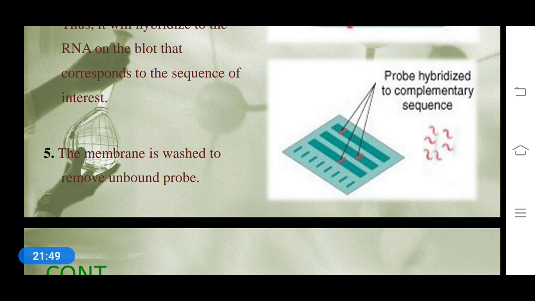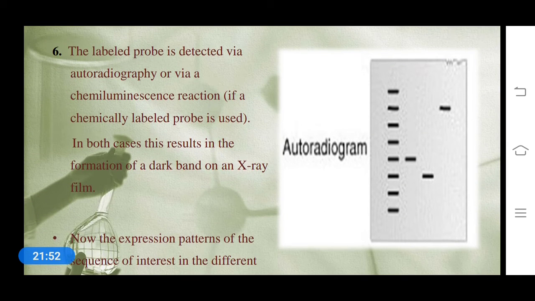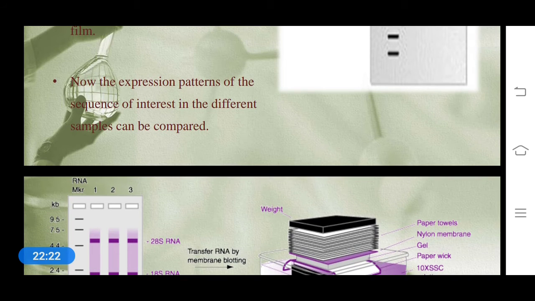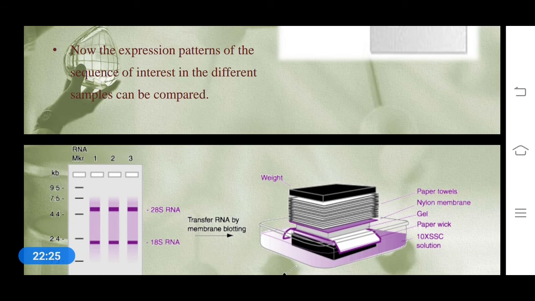The membrane is washed to remove the unbound excess probes. The labeled probe is detected via autoradiography, or we can also detect it using a chemiluminescence reaction if a chemically labeled probe is used. In both cases, the result is in the form of dark bands on the X-ray film. The expression patterns of the sequence of interest in the different samples can now be compared.